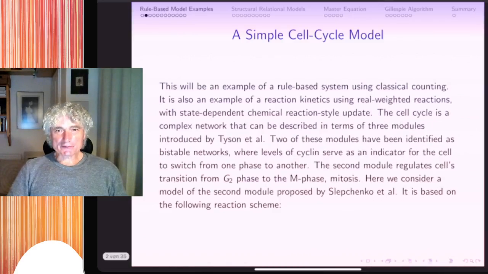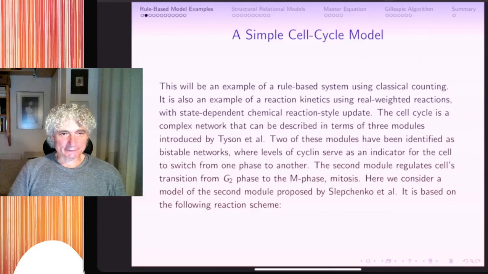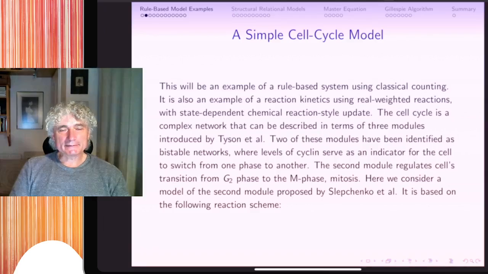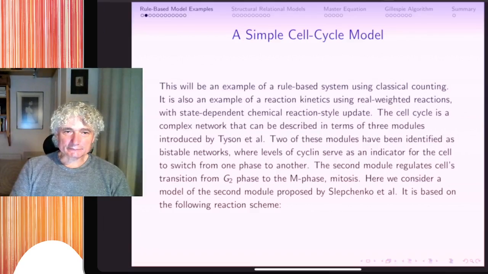Okay, so we just right away dive into the problem, and we first introduce a more conventional problem from, let's say, reaction systems. That is a simple cell cycle model. It is also an interesting model for our purposes because it's not a chemical reaction system.